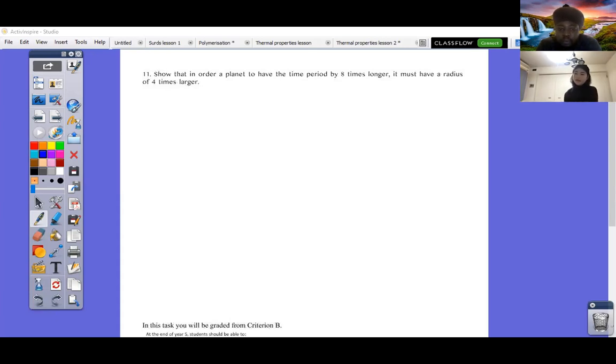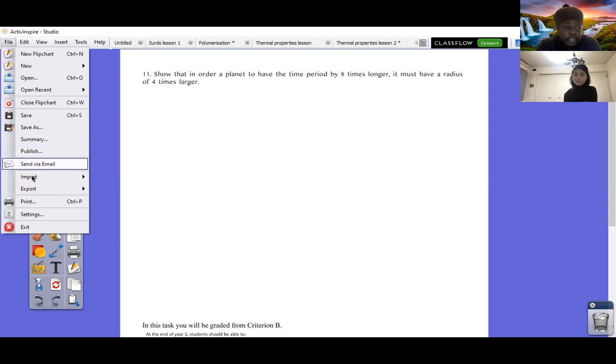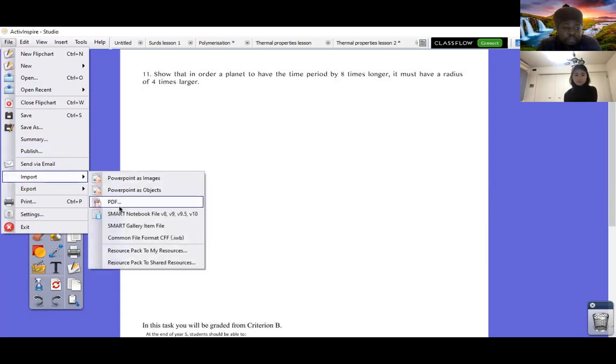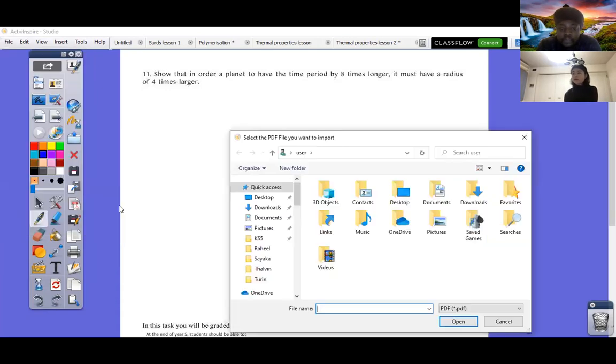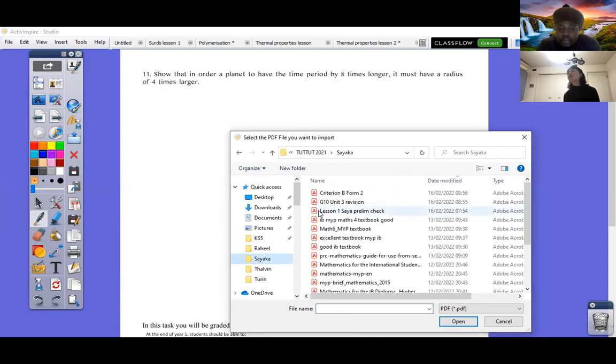So we can look at task 4. Okay, no problem. So if I just import file and import PDF. I have my criterion B summative on Tuesday or Monday. It will probably be changed for me because I'm not coming on Tuesday. So you've got a bit of time.